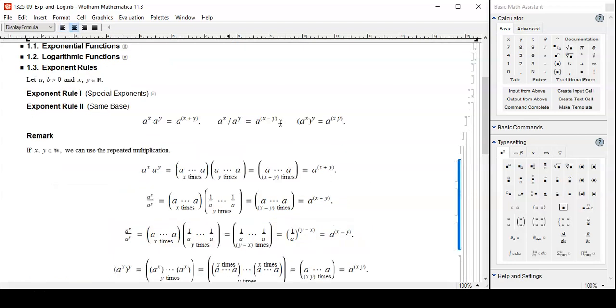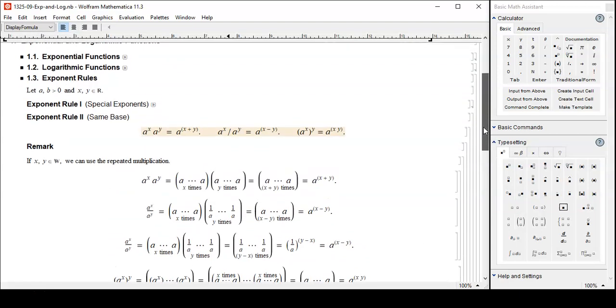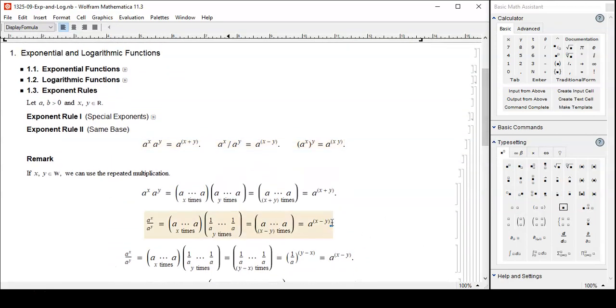And then how about the middle rule? That's a little bit trickier because you have to consider the repeated division. If there are more in the numerator than the denominator, we have x minus y times in the numerator. You see, multiply 15 times, and then divide 10 times. So what's remaining? 5 times. And if y is bigger, 10 times, and then divide by 15 times. How many left? 5 times of these.